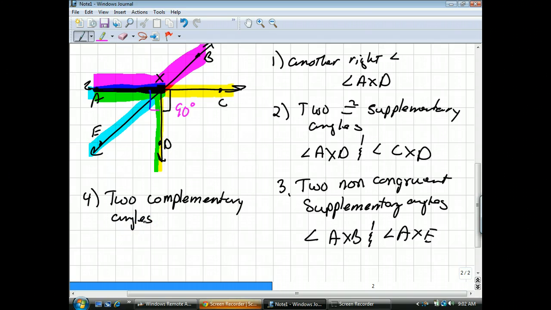Well, in the picture we can say for sure that angle AXE and angle EXD must be complementary because angle AXD is a right angle, and by the angle addition postulate, this angle plus that angle equals the big angle.